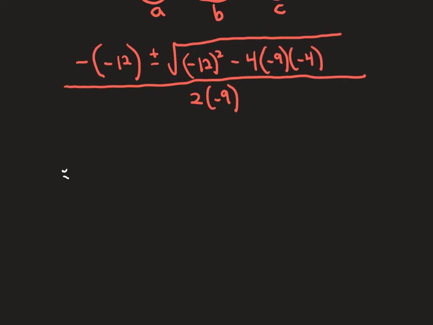So minus in front of negative 12 is positive 12. Negative 12 times negative 12 is positive 144. And then let's see what this comes out to. Negative 4 times negative 9 times negative 4 is negative 144.